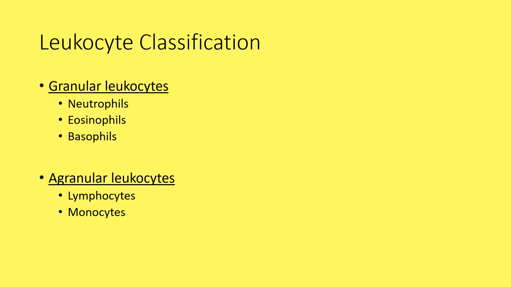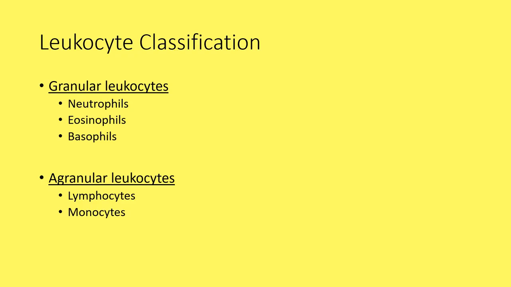When we look at leukocytes and the classification of them, there are 5 different types of leukocytes. And we first divide them into 2 groups, either granular or agranular. This is done simply by what they look like when you add stains to it so you can see them. You can't see them without staining them. And then you add the stain and you look at them under a microscope.